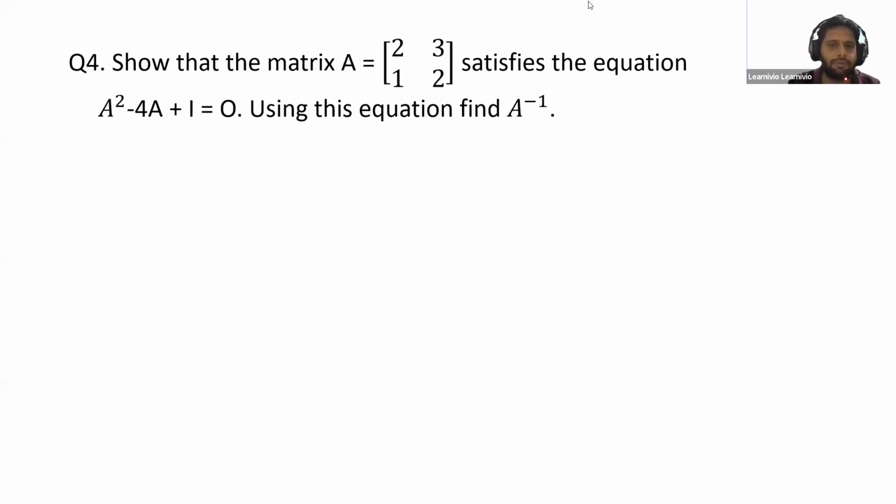Then this one, Abdur, question number 4. Abdur, is this done, question 4, or not? Okay. Good.